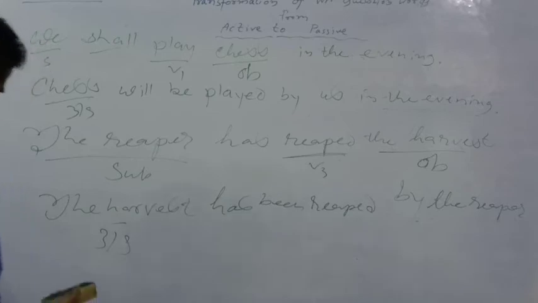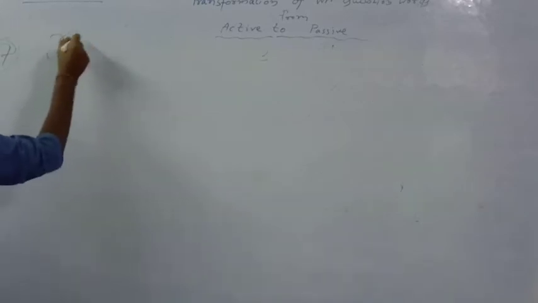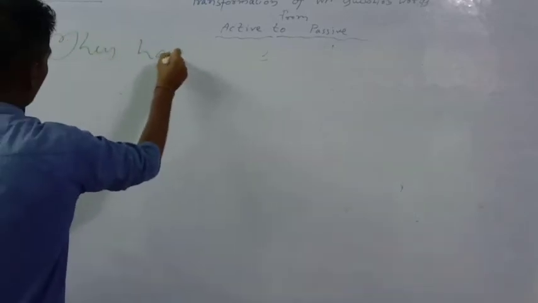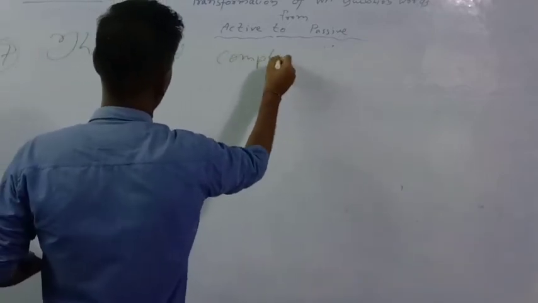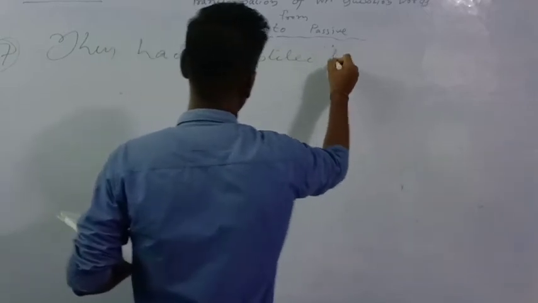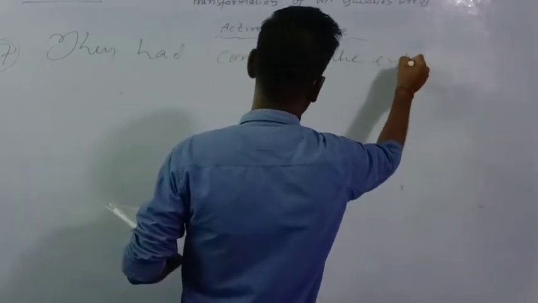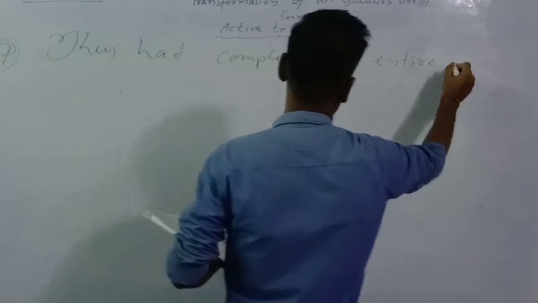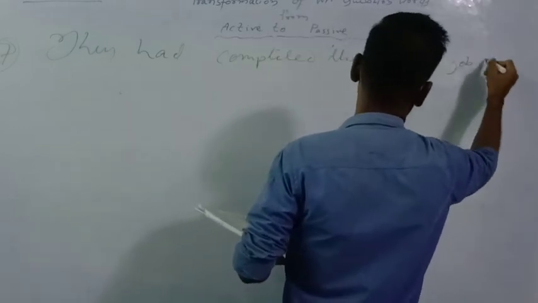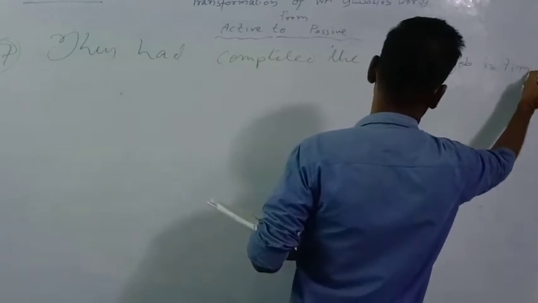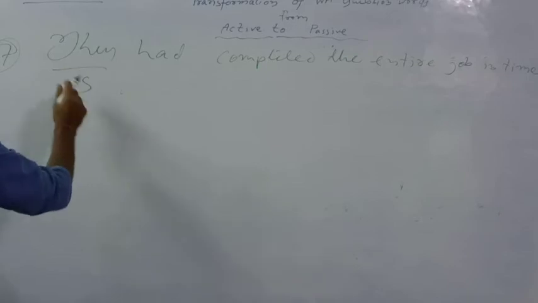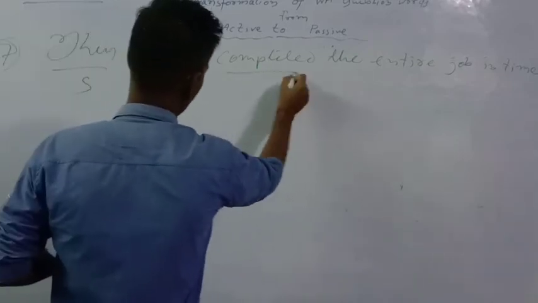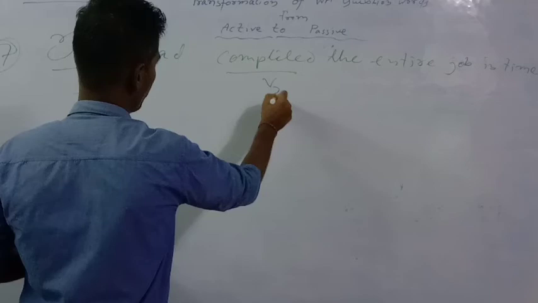Okay, now let us proceed to 7. They had completed the entire job in time. Now see, they is the subject, completed is the verb, V1, V3.